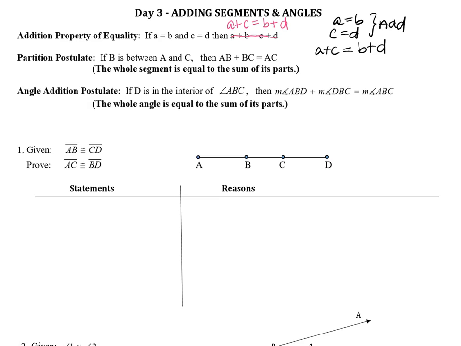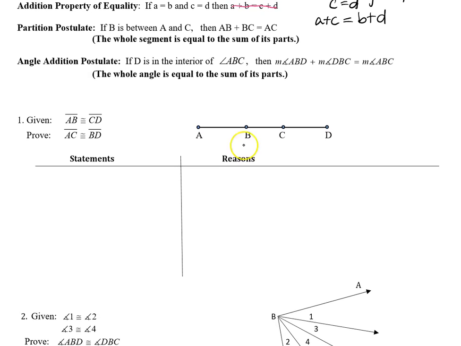So in our first example, I'm giving you that AB is congruent to CD, and I want to show that AC is equal to BD. Okay, so I want to show that this is congruent to this.